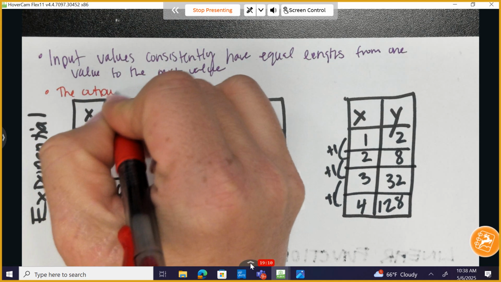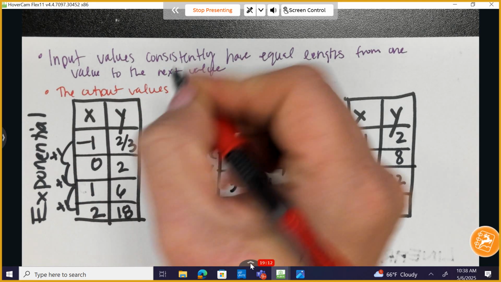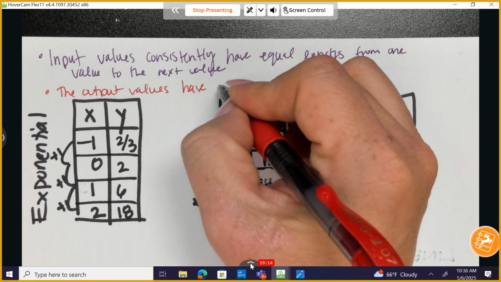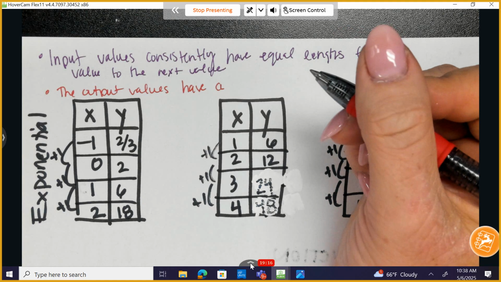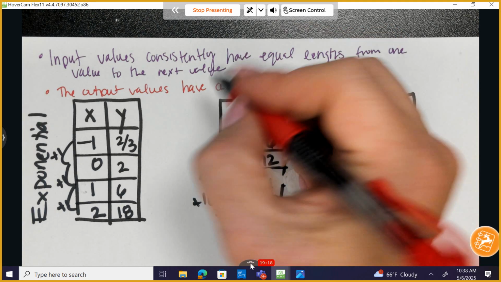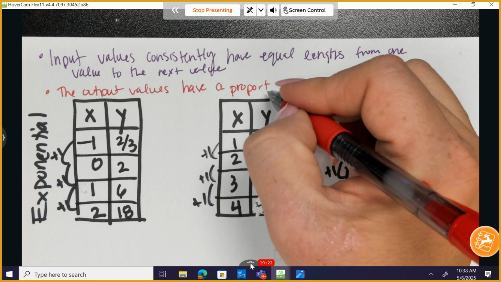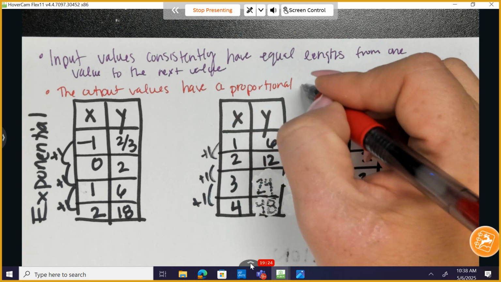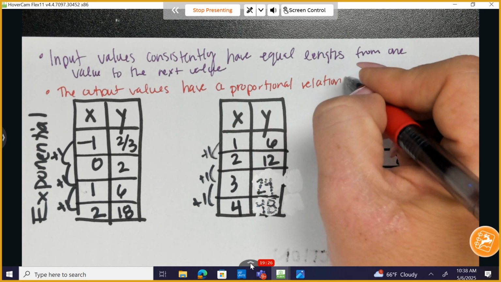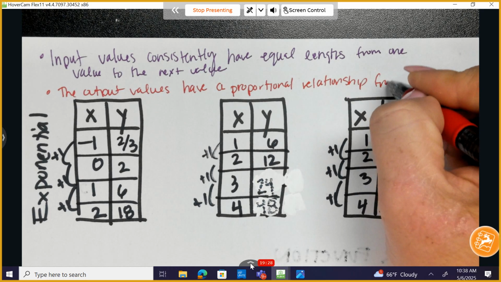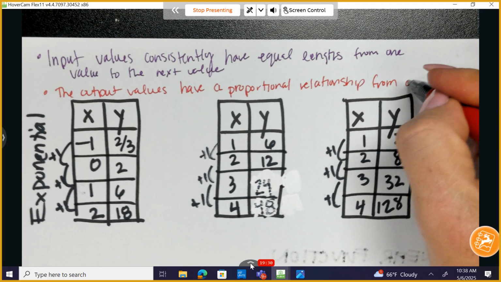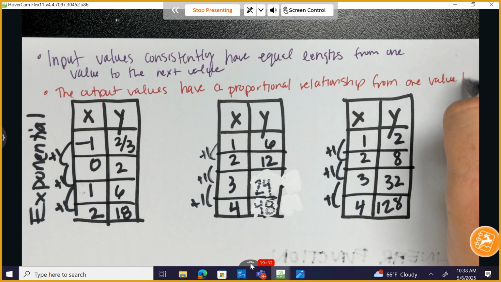The output values have a proportional relationship from one value to the next value.